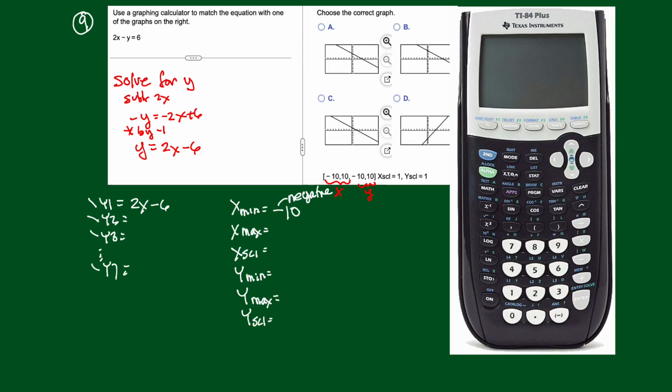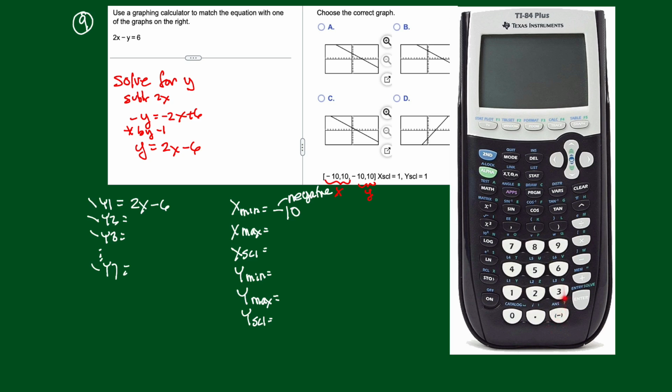And then the top one, we're going to write the minimum for x. Now that's negative 10, right? It gives it to us right here. The minimum x is negative 10. The maximum is positive 10. So we want a negative 10. Now be careful, you want a negative sign, not a minus sign. The negative sign is right here on this bottom right key.